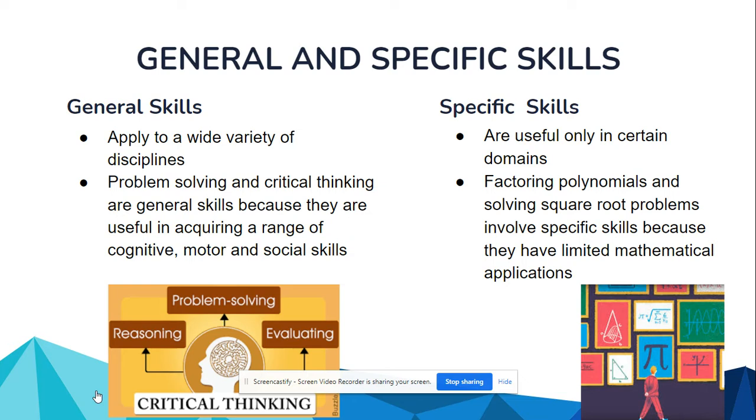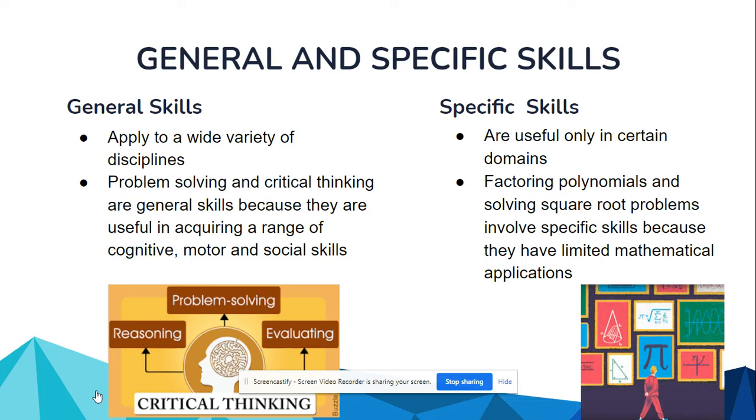I pulled this example from the text because I thought it was very clear in helping understand specific skills. The idea that factoring polynomials and solving square root problems involve specific skills because they have limited mathematical applications. So specific skills will have limited applications. General skills aid in learning in many ways.